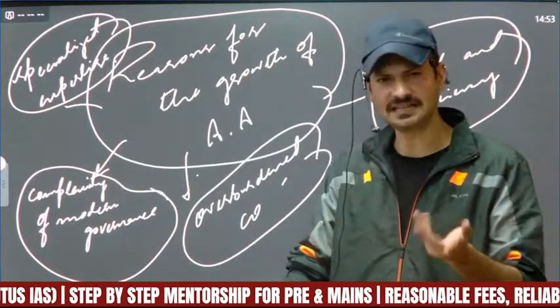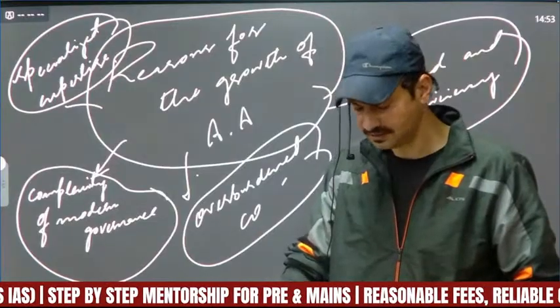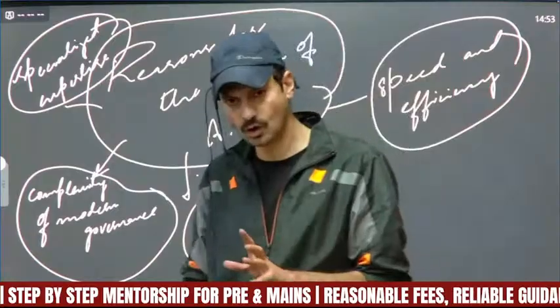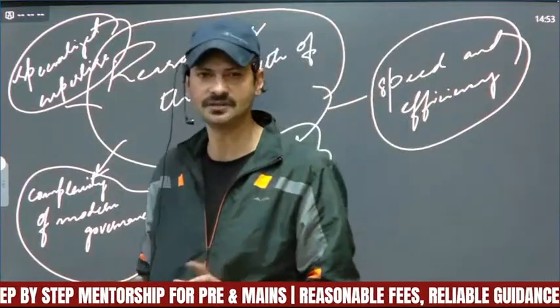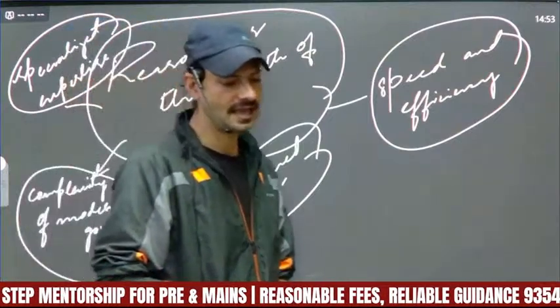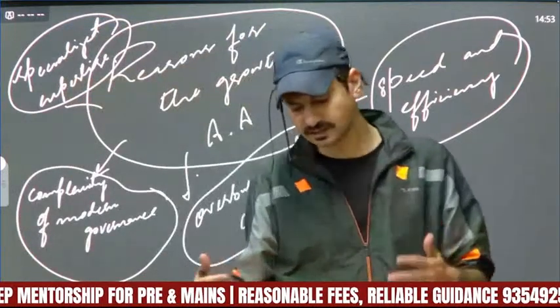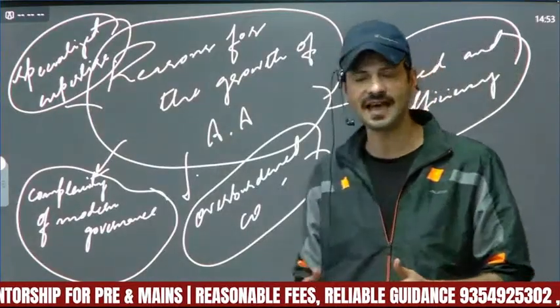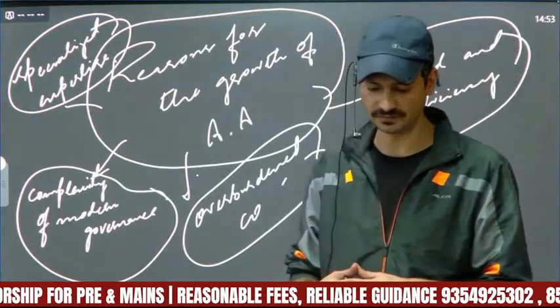Let's say taxation, for example. This allows them to make informed decisions on complex technical terms. And that was another reason why we saw the growth of administrative adjudication.